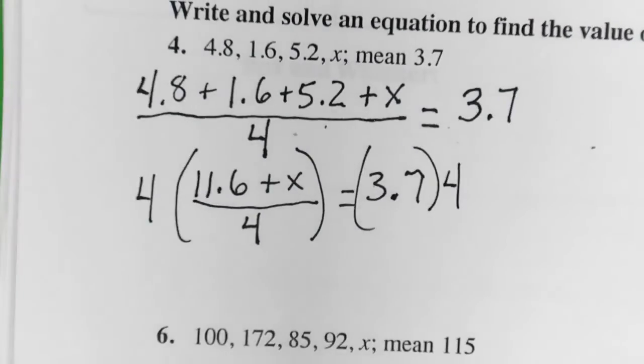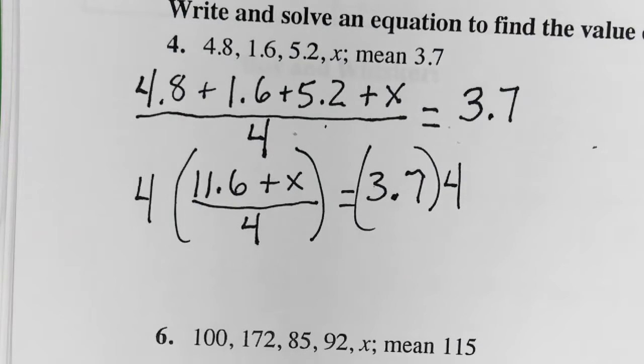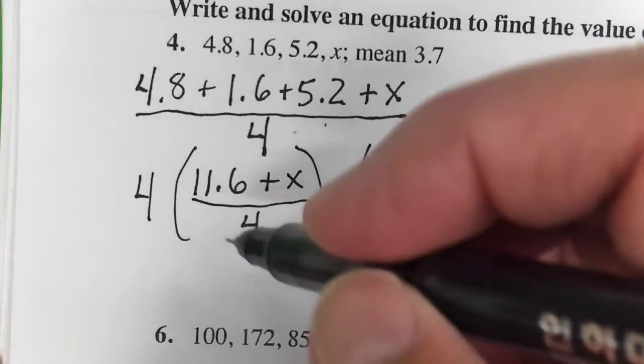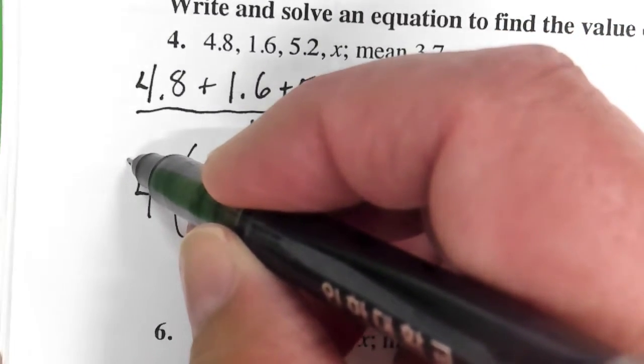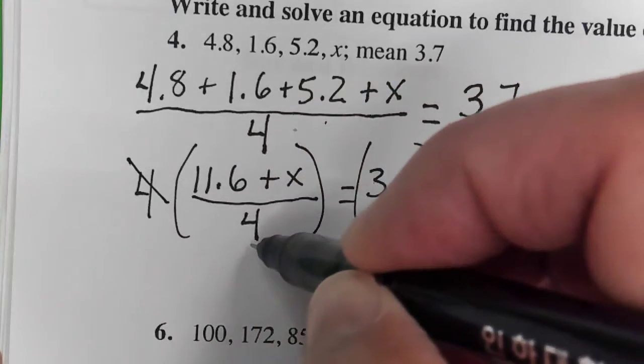And we remember that when you multiply and divide, they cancel each other out.